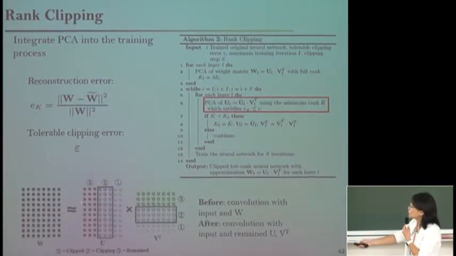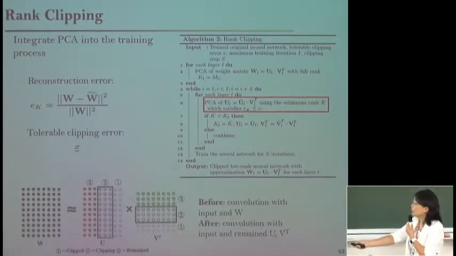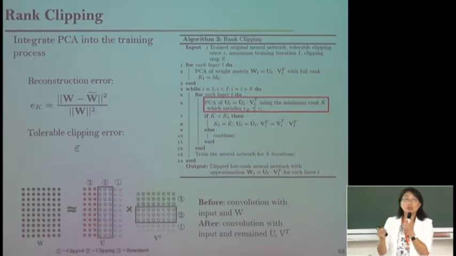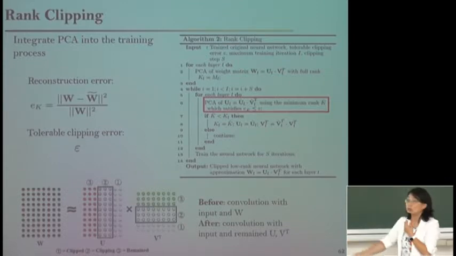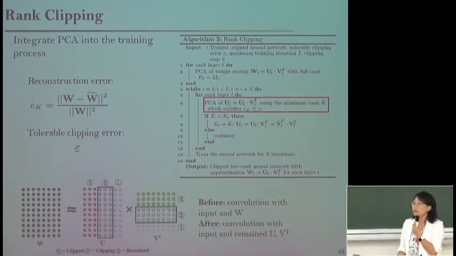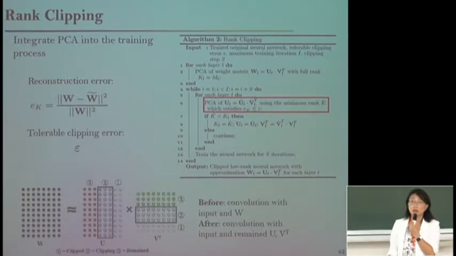In this way, essentially U is in this shape and V in this shape. As you can see, the dimension of each of them can be much smaller than the original W here, and the sum of them is also much smaller than the original W.